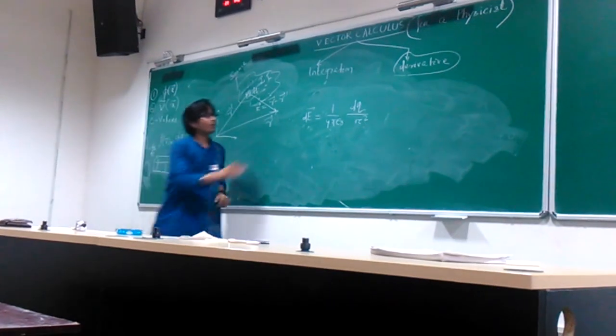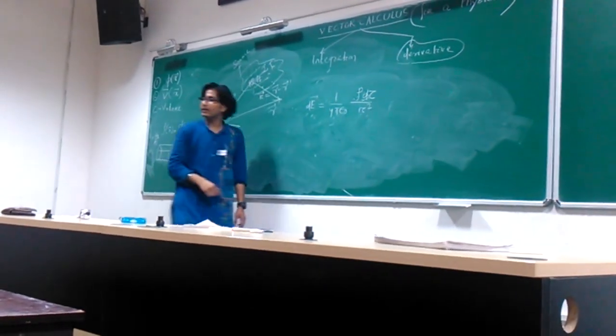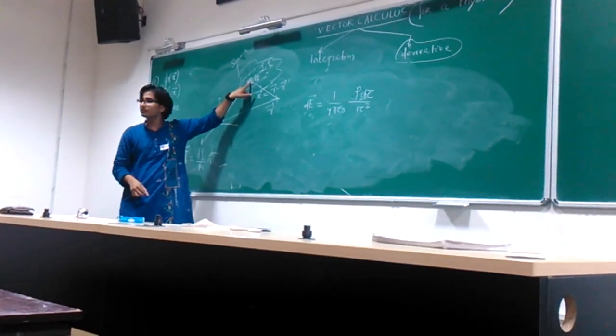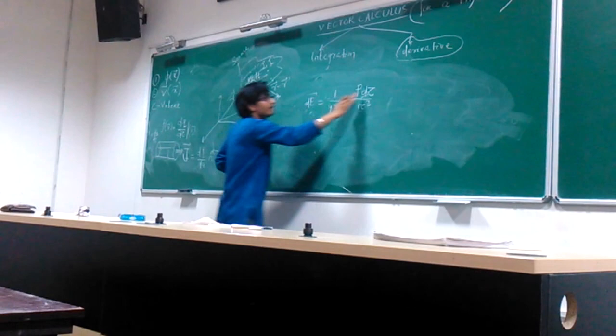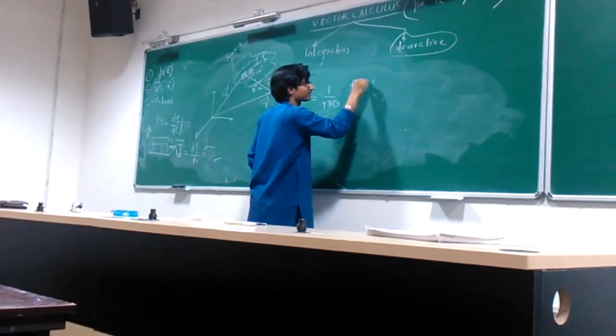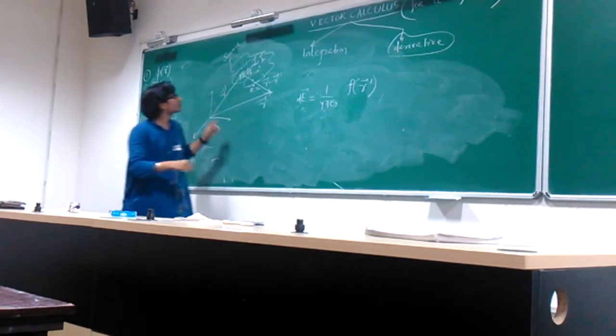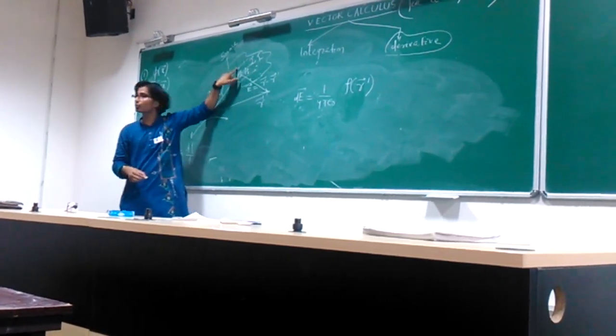This is dE. Now what is dq? dq is rho times d tau, whatever be the density here, times the volume. So I make the notations clear now. This is rho as a function of r dash. Why? Because r dash points to the source.